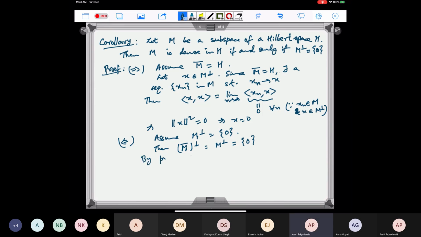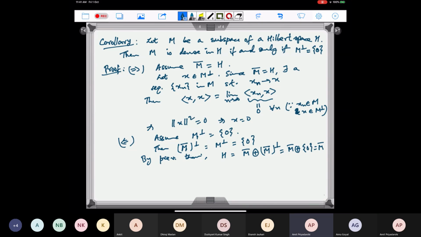So by the previous theorem, H is equal to M closure direct sum the orthogonal complement of M closure, and this is equal to M closure direct sum 0, which is M closure.